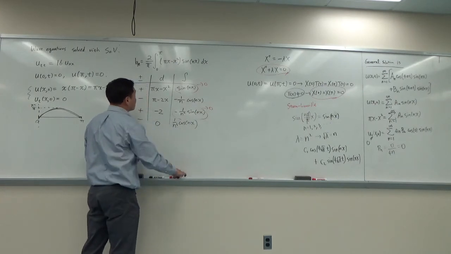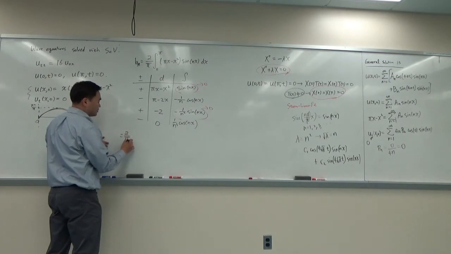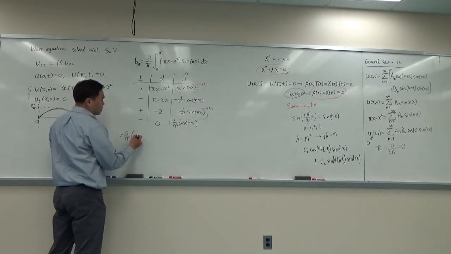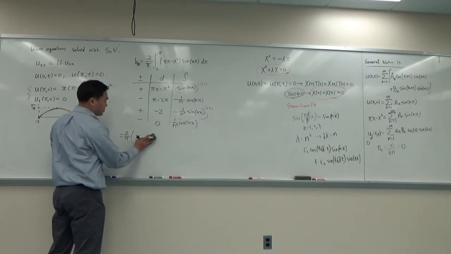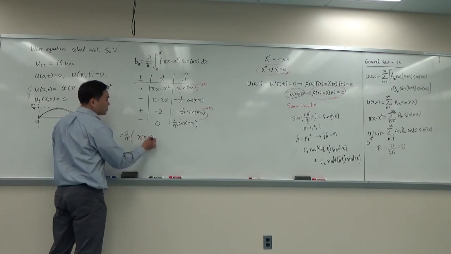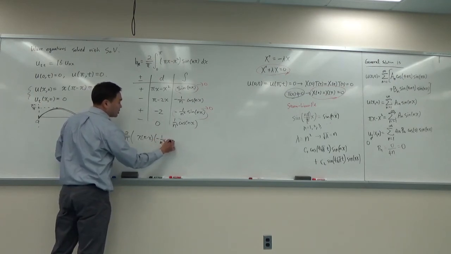For polynomials, we know that these sine terms will give you 0. So we just have to calculate 2 over pi, x minus x squared. And actually this is x times pi minus x times negative 1 over n cosine nx.